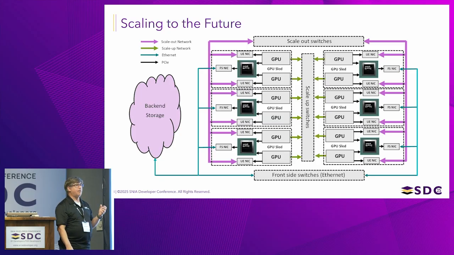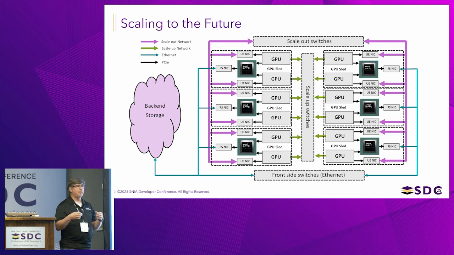Now, there's a lot of things going on in the industry. Several new consortiums have been formed to tackle these problems. The scale-up switch is what they're calling Ultra Accelerator Link, UALink, an industry consortium that's looking at that. The scale-out is Ultra Ethernet.